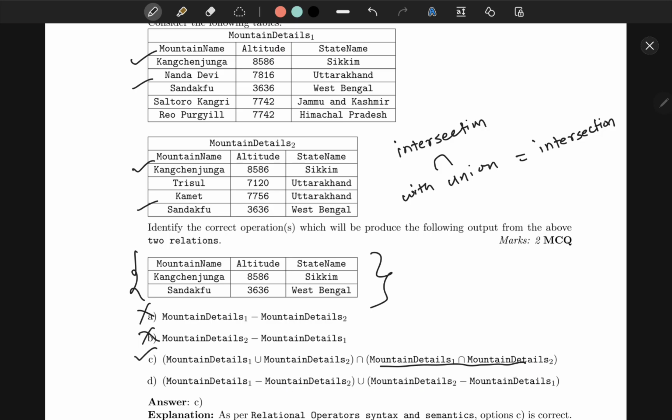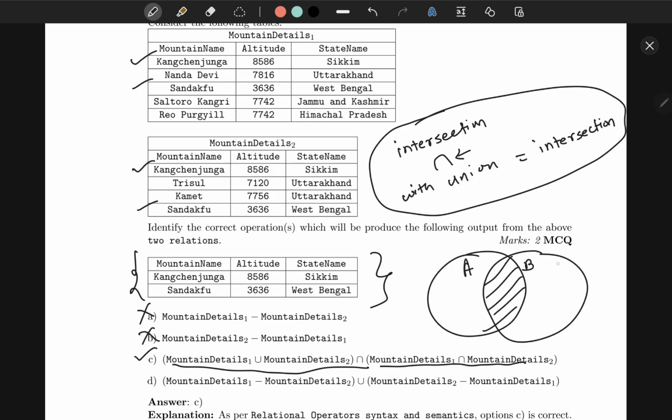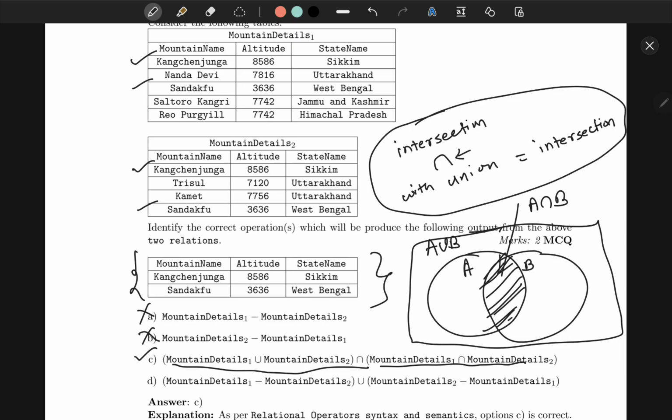There is something along with it, and as I have written over here, intersection with the union gives you the intersection. So suppose there are 2 sets A and B, the intersection is given by this, and if you find the intersection with A union B, suppose the rectangle is A union B, you will see it is equivalent to A intersection B only.